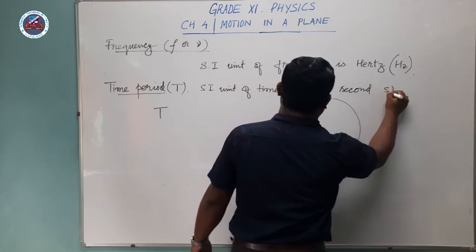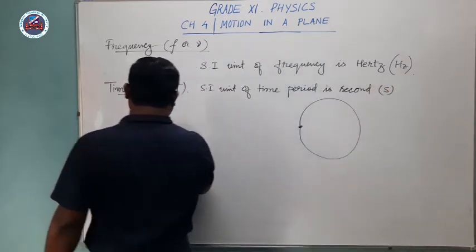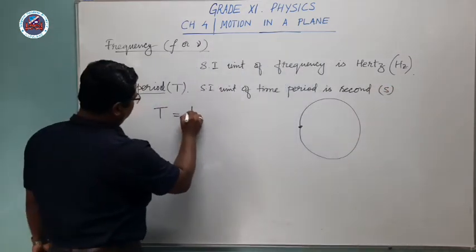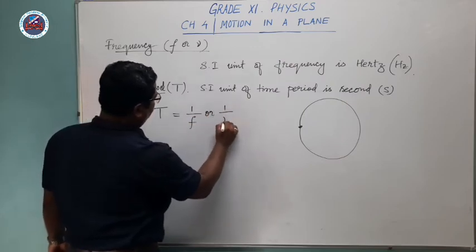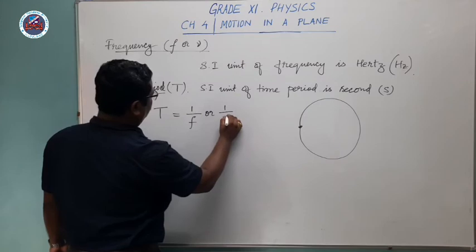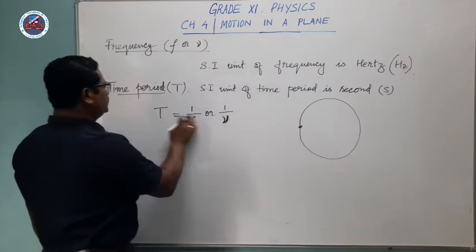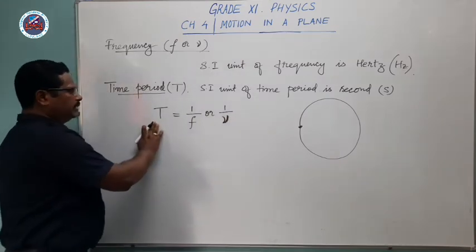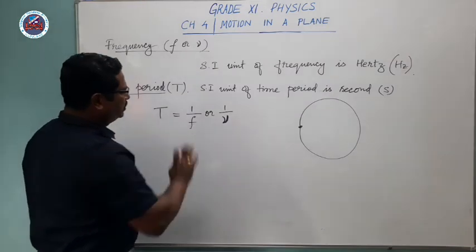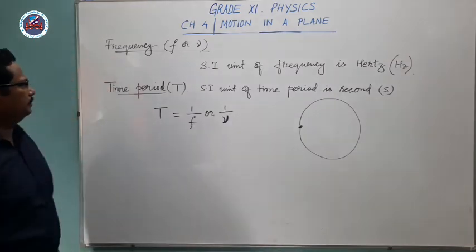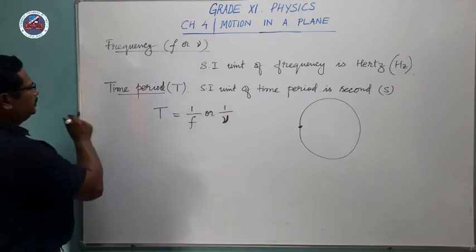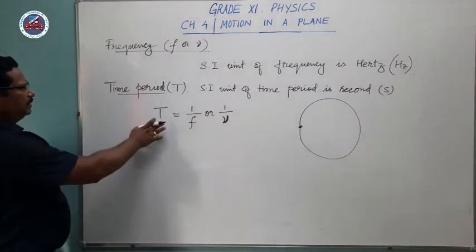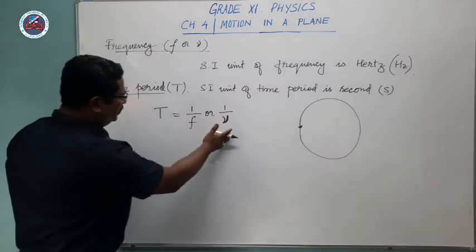Simply we write it as s. Time period can be written as the reciprocal of frequency, or 1 by nu. Time period is inversely proportional to frequency. This is the relationship between time period and frequency.